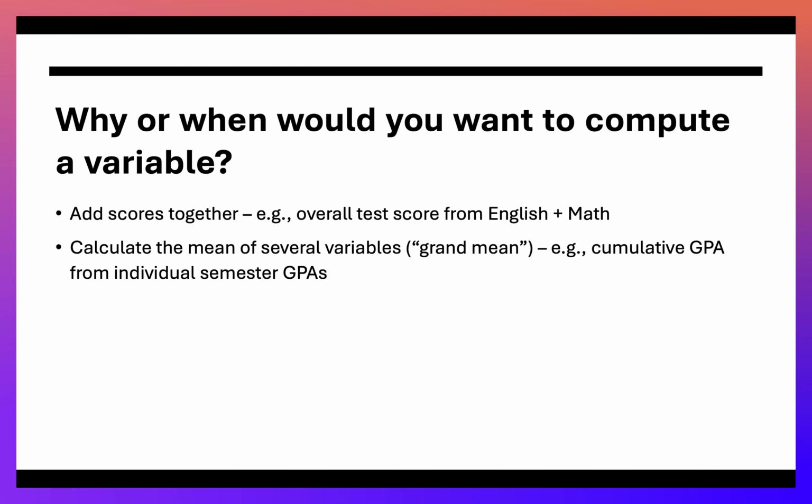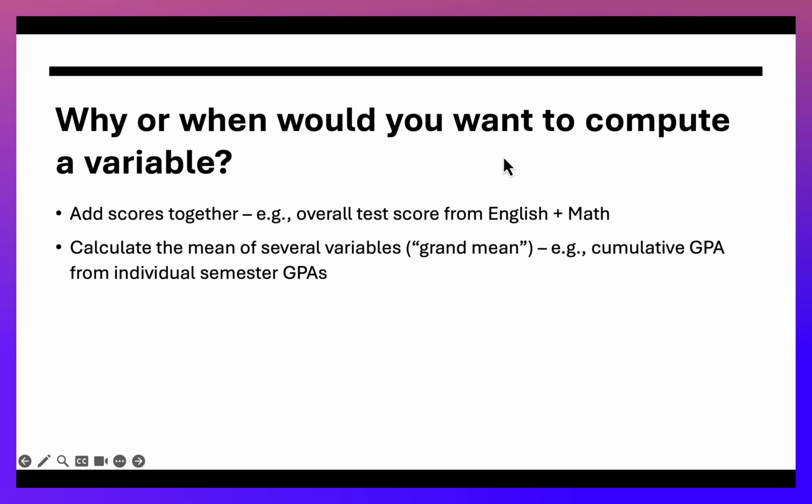Another example, at least in education, when we use the compute command, is to calculate the average or the mean of several variables. For example, in our data set, we have two individual semester GPAs, but maybe we want to calculate the cumulative GPA, so the average or the grand mean of each of the individual semester GPAs.